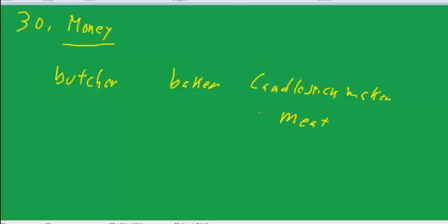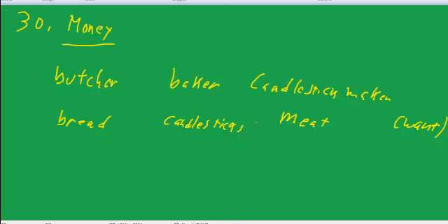So this is what people want. I'll put this in a row of what people want. So the candlestick maker wants meat. The butcher wants bread, and the baker wants candlesticks.